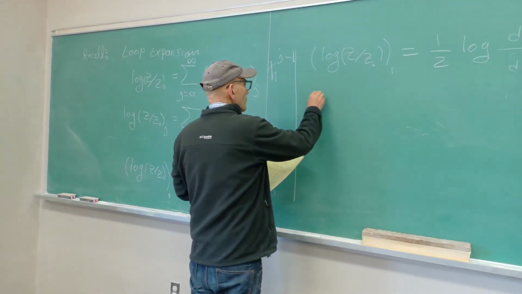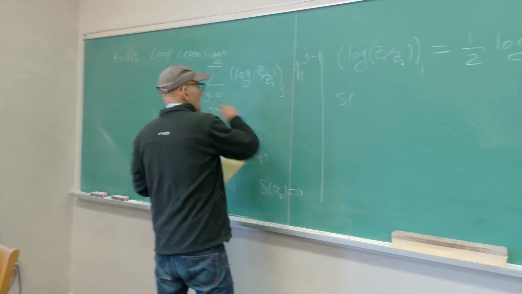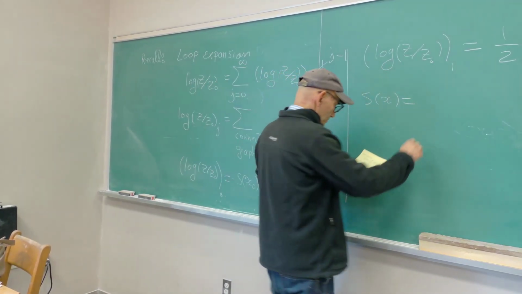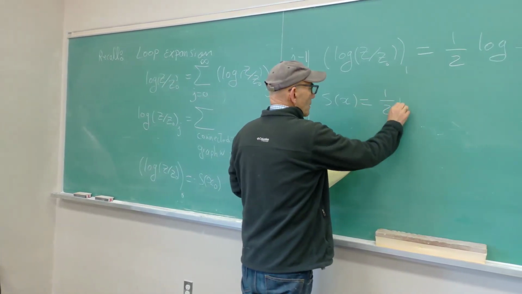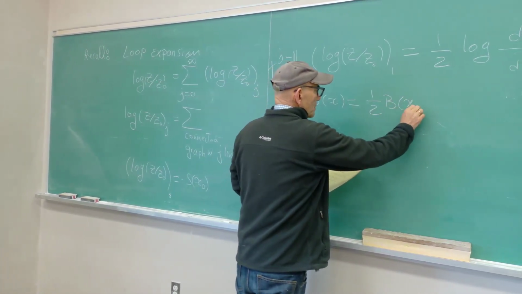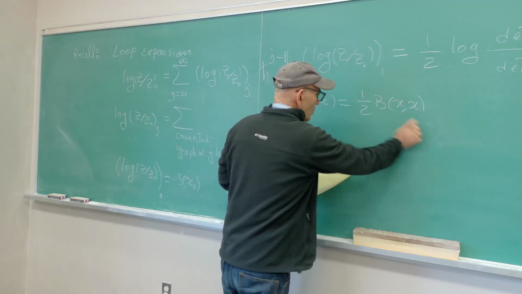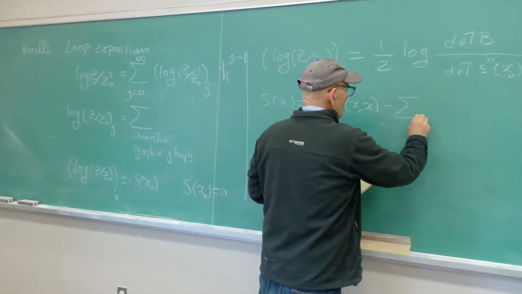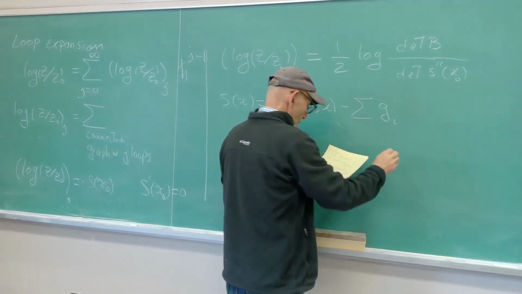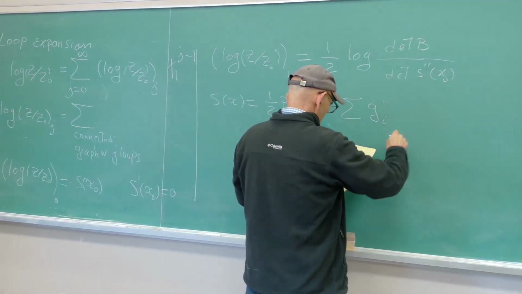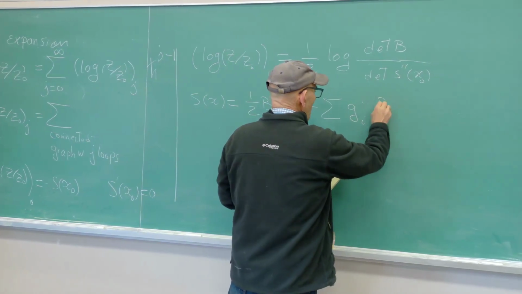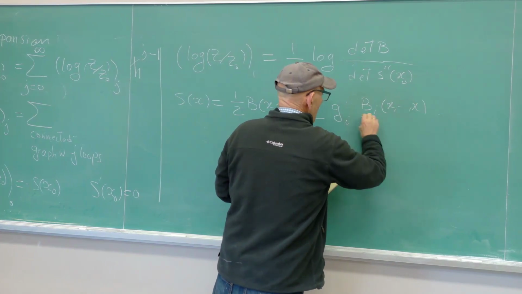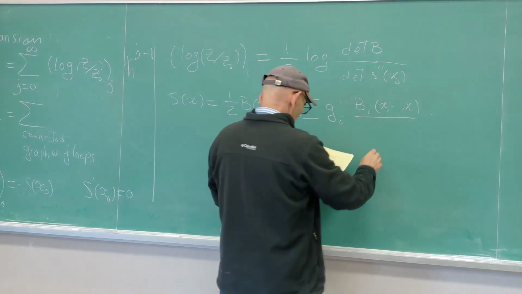Here S of x, of course, all came from an action which is the quadratic part to start with, and then negative sum of g_i, maybe b_i, of x to the i over i factorial.